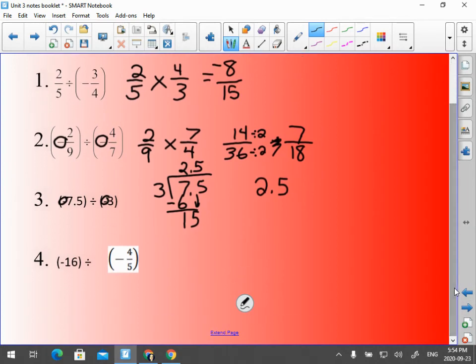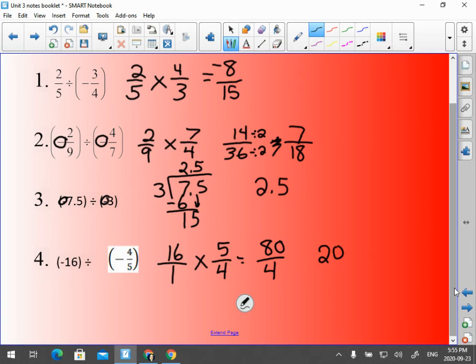And for our last example that's here on the board, if I have a whole number, we are remembering that it can go out of 1, and I'm going to change my division to a multiplication, flip my second fraction upside down, and then multiply. 16 times 5 is 80. 1 times 4 is 4. 4 goes into 80 20 times, right? 20, 40, 60, 80, that's 4 times.